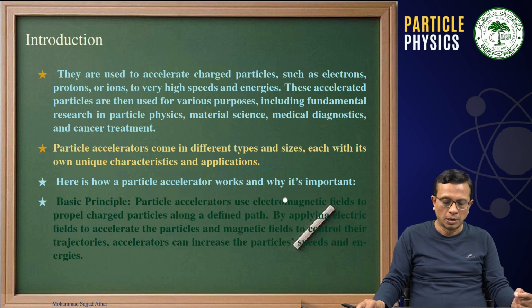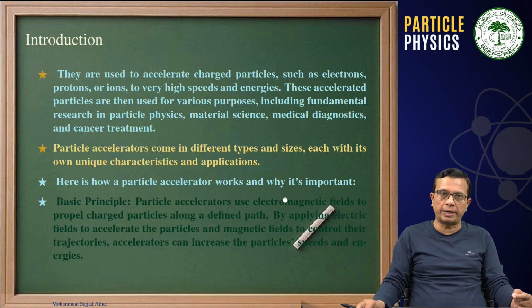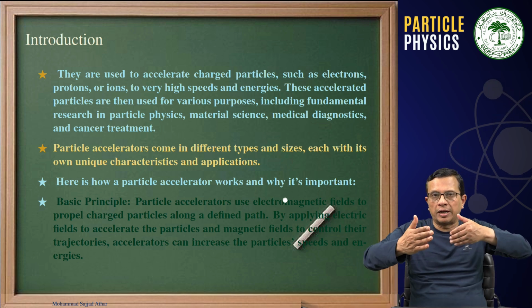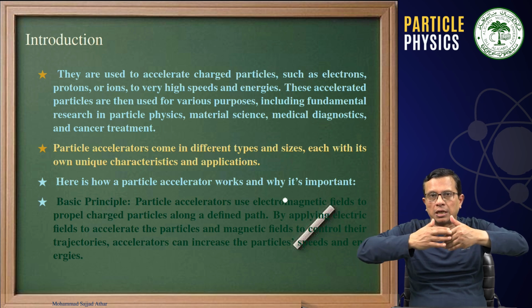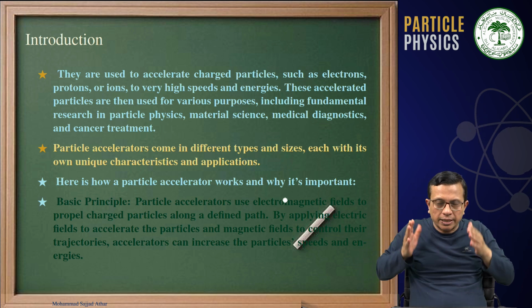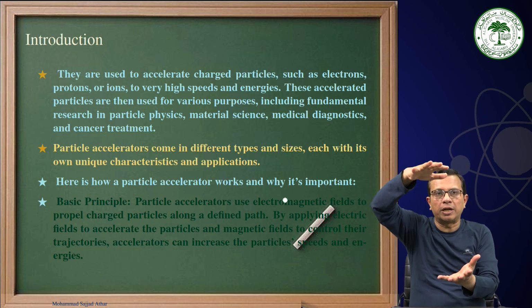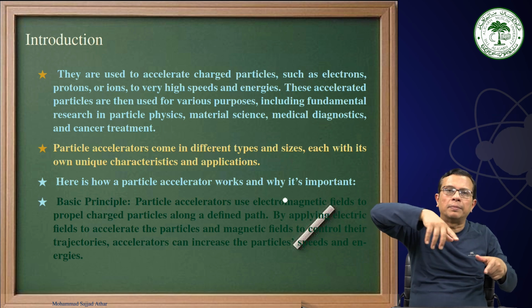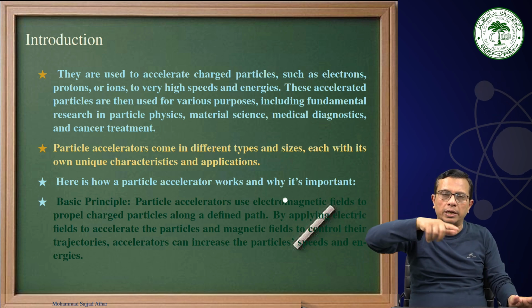Basic principle: particle accelerators use electromagnetic fields to propel charged particles along a defined path, because the electric field, the difference in potential, will give them acceleration, and then the magnetic field perpendicular to it will allow them to move in a particular direction.